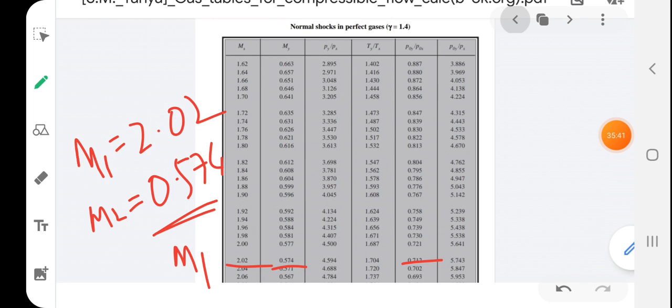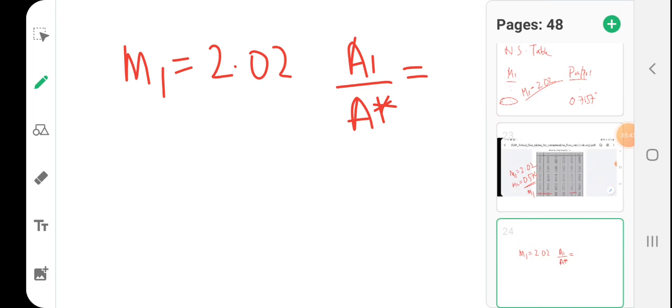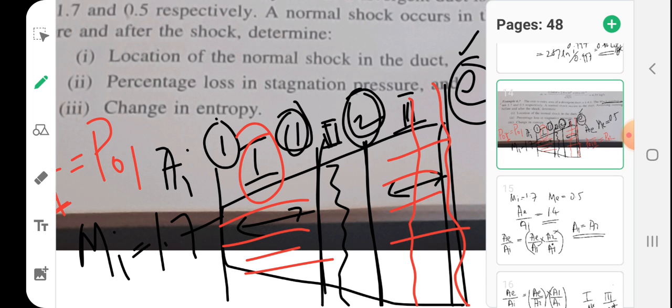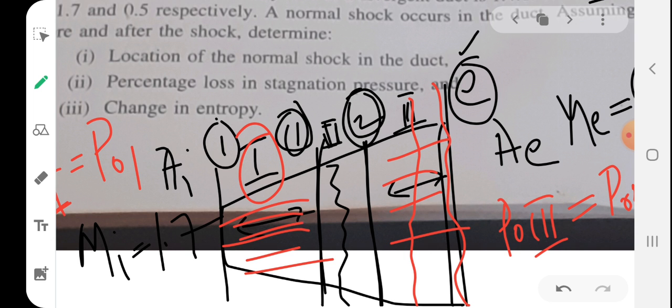Students, the process here, in region 1, is isentropic. If the value of M1 is known, you can calculate A1 by A star.